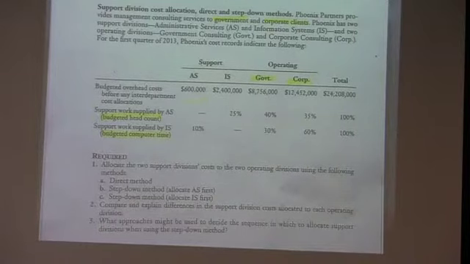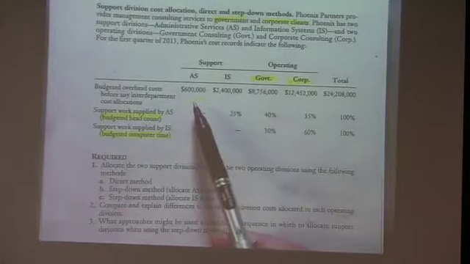Is that right? Let me just check. Yeah, it's 20%. So 6 million. Sorry, let me see. Yeah, 20% of the actual service provided.